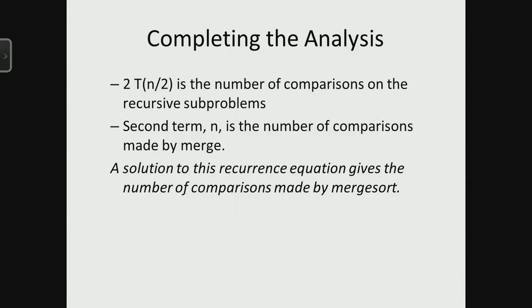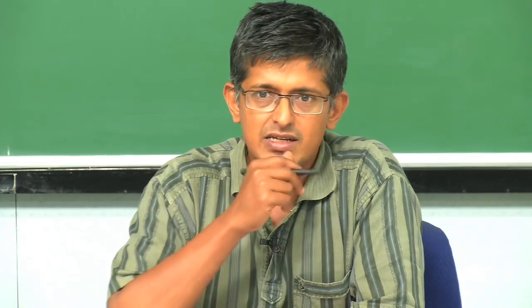The second term, which is n, is the total number of comparisons made by merge, which we just very recently analyzed. A solution to this recurrence equation gives us a solution to the number of comparisons made by the merge sort algorithm, and this will be completed in the next lecture.